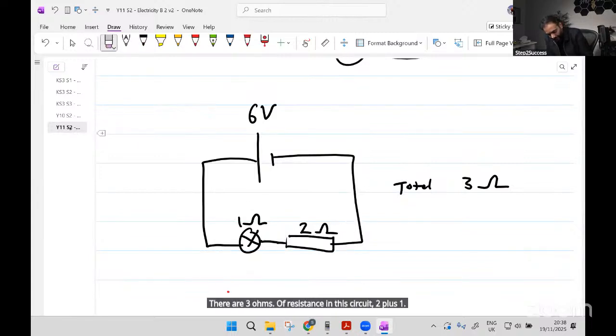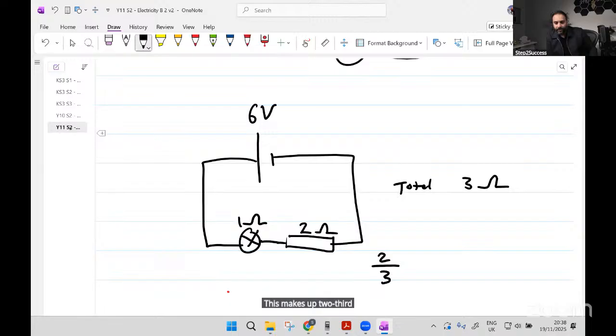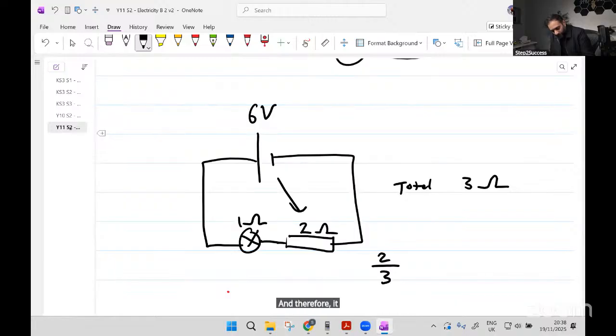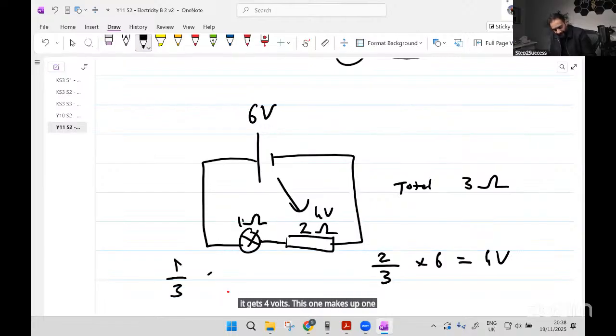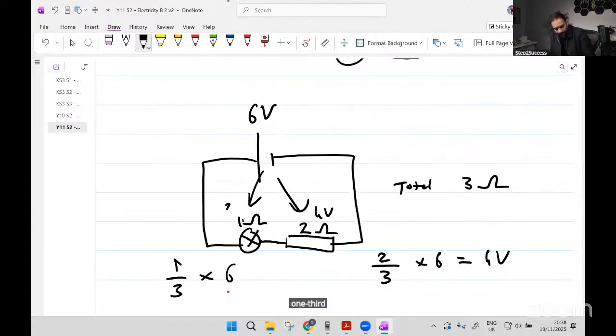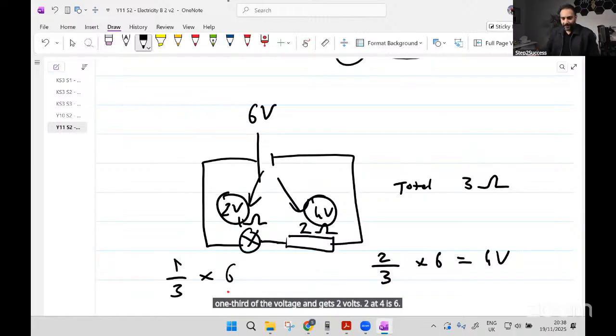This makes up 2/3 of the total resistance, doesn't it? Because it's 2 out of 3. And therefore, it gets 2/3 of the voltage. It gets 4 volts. This one makes up 1/3 of the resistance in the circuit, which means it pulls 1/3 of the voltage and gets 2 volts. 2 add 4 is 6.